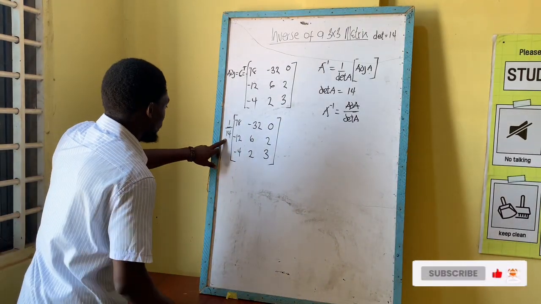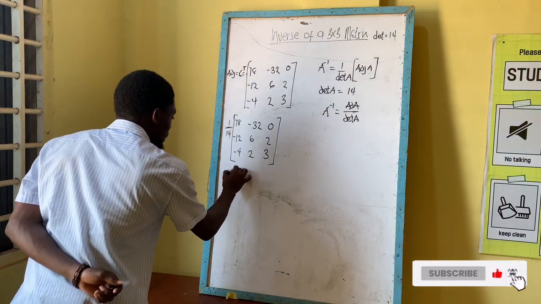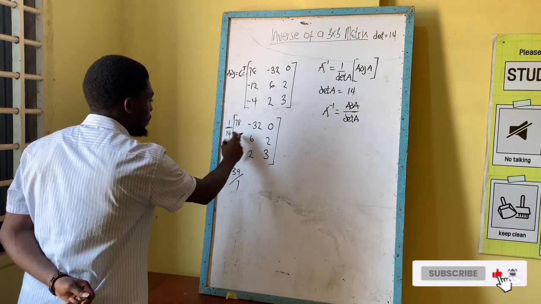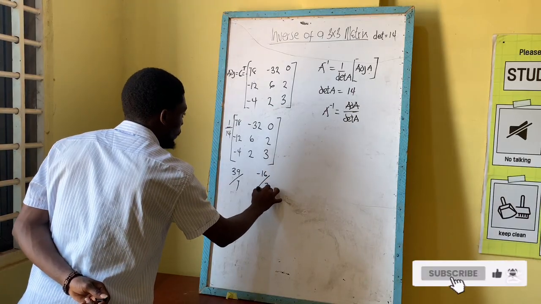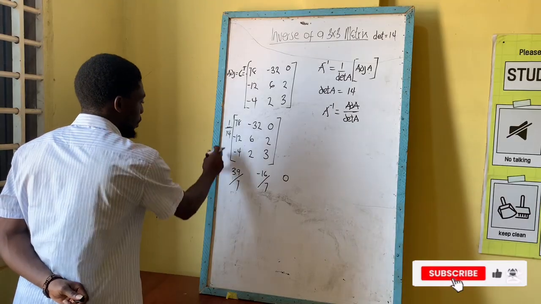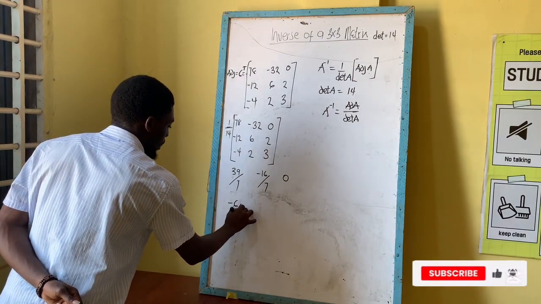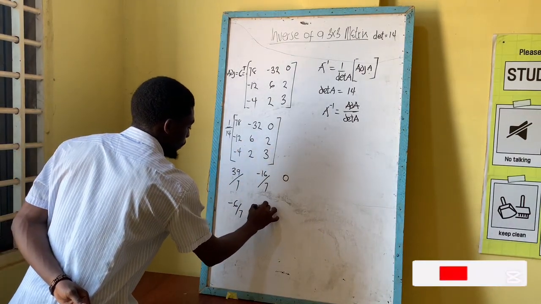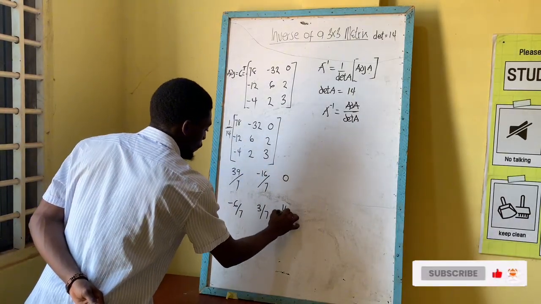If you multiply 1 over 14 by 78, you are going to get 39 out of 7. If you multiply 1 over 14 by minus 32, you are going to have minus 16 out of 7. And obviously, you are going to get 0 for the 0 element. 1 over 14 times minus 12, we have minus 6 out of 7. 1 over 14 times 6, we have 3 out of 7. 1 over 14 times 2, we have 1 out of 7.